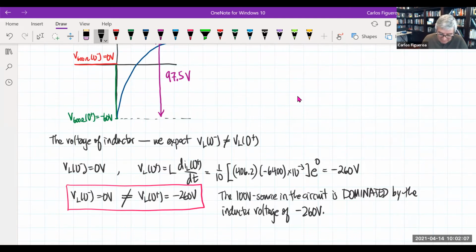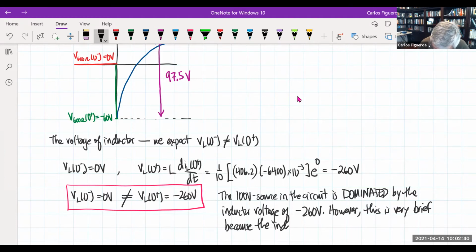It dominates this thing. So look at the voltage of the 600 ohm resistor. What it does here is essentially force that drop to change across that 600 ohm resistor. However, this is very brief, because the inductor is passive.